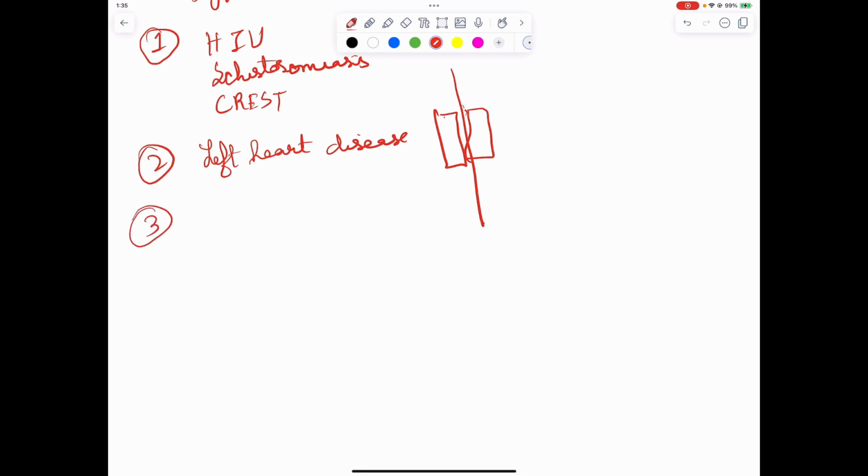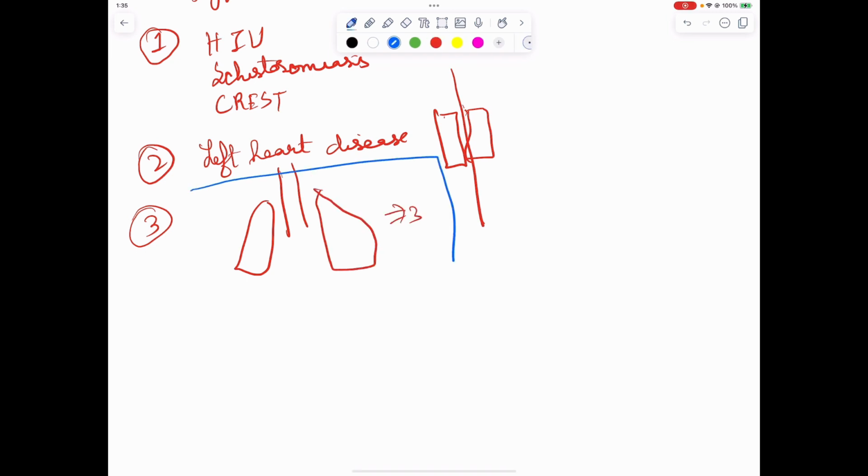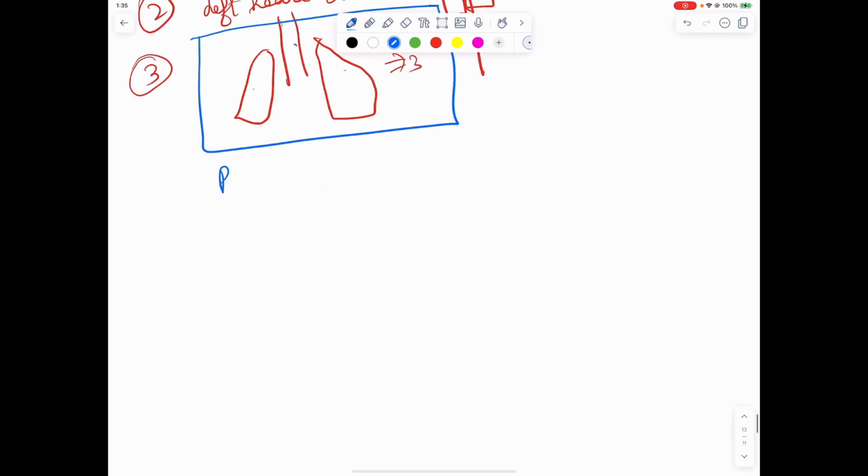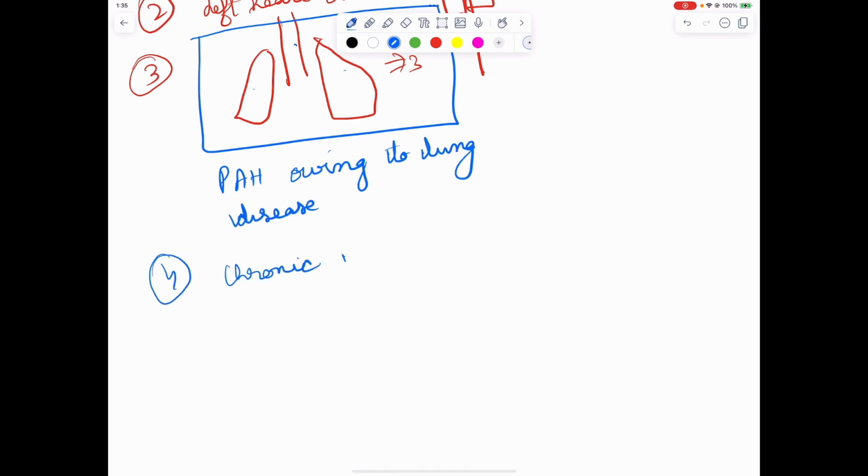For third, remember lungs: 1 trachea and 2 lungs, so it comes out to be 3. So pulmonary arterial hypertension owing to lung disease and/or hypoxia. And fourth is chronic thromboembolism.